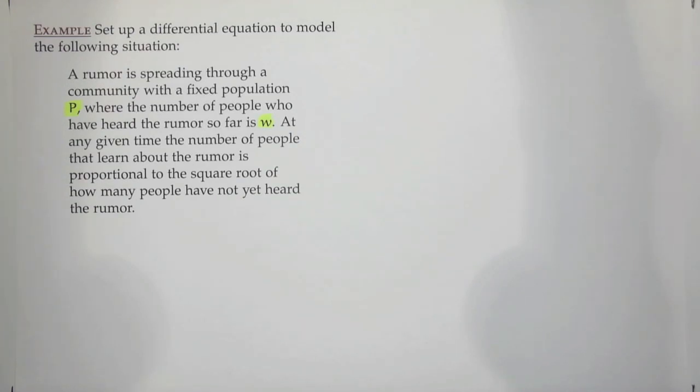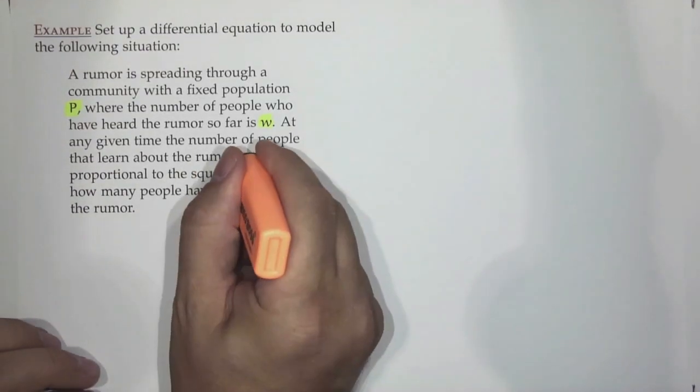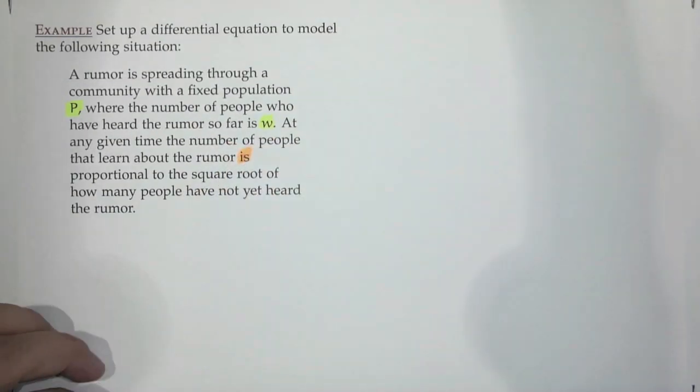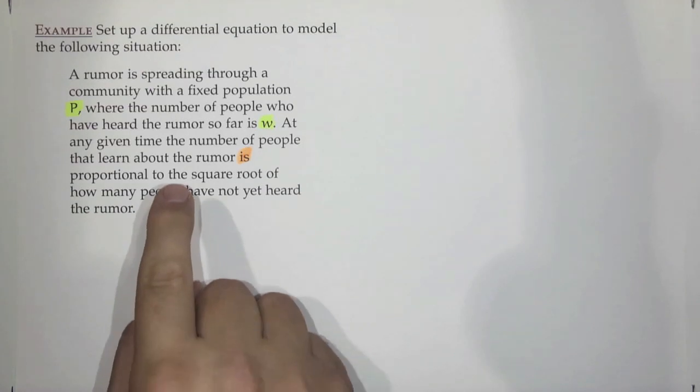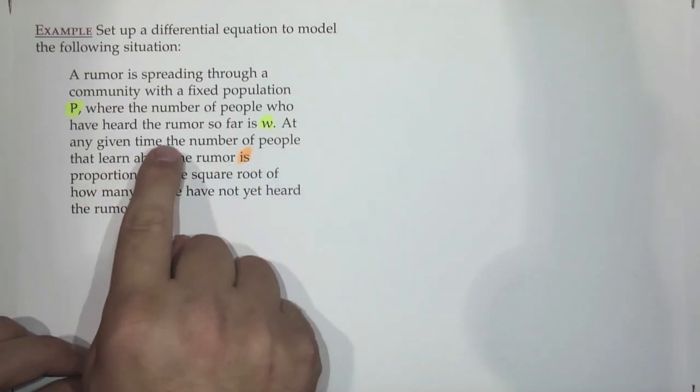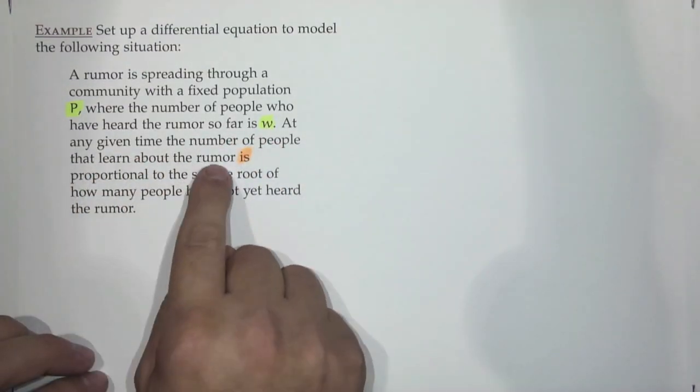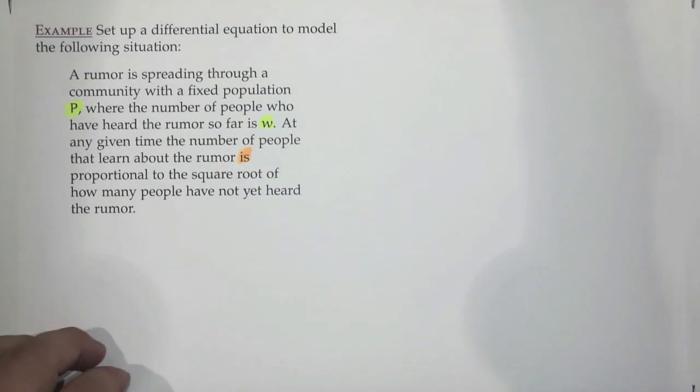All right. Now, there is a word that oftentimes masquerades. It really should be important words. When you see this word is, what does that really mean? Equals. So if you see a sentence with the word is, I have something before the is and something after the is. Let's put them together. So let's start with what's before. The number of people that learn about the rumor. What is that?